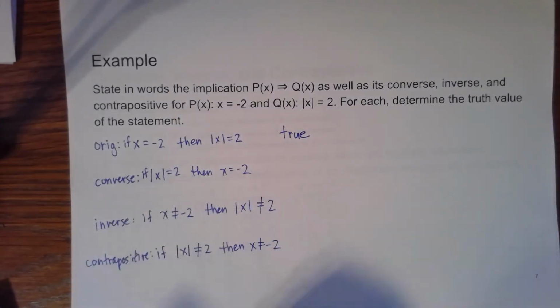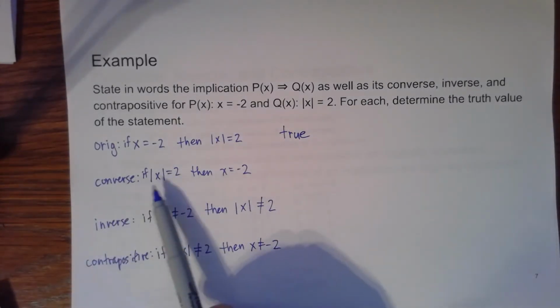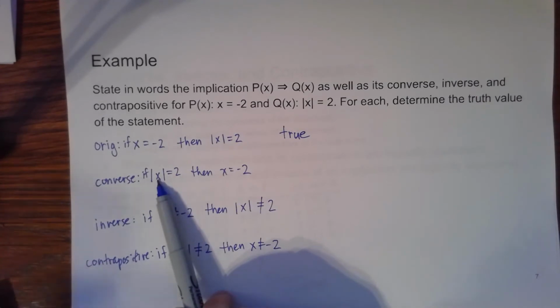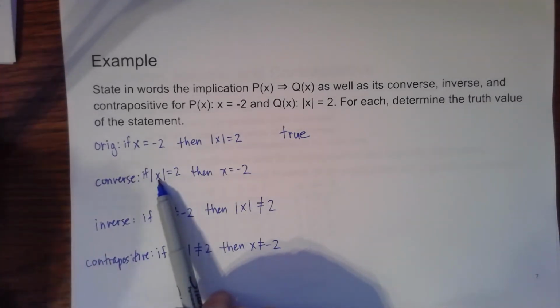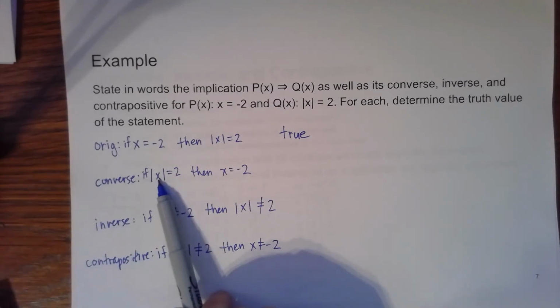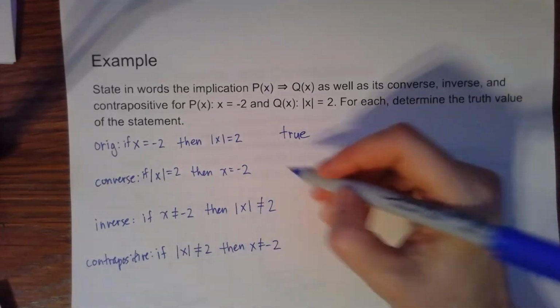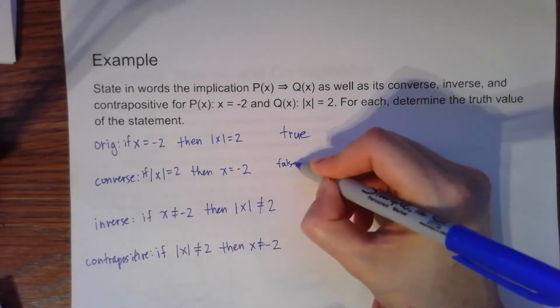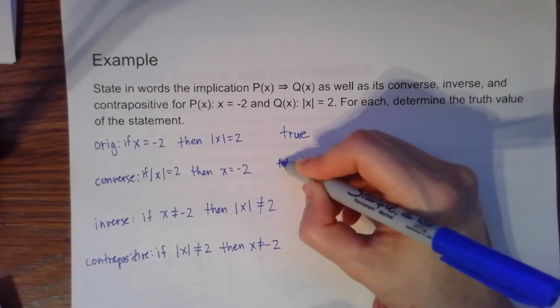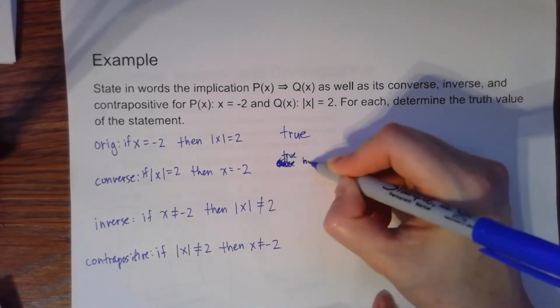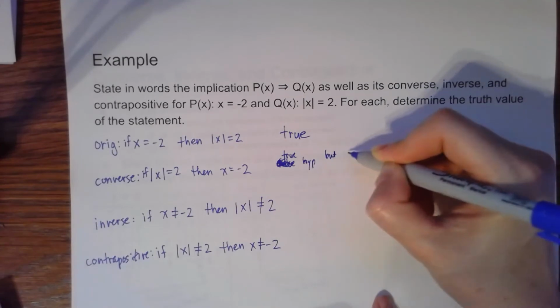How about the converse? If the absolute value of x equals 2, there's two possibilities. Either x could be 2 or x could be -2. So the question we have is, could I find a situation where I have a true hypothesis but a false conclusion?